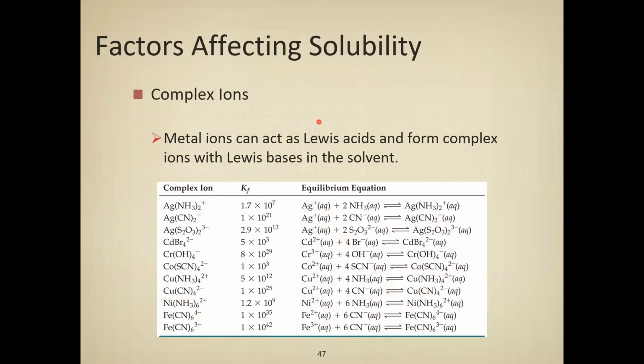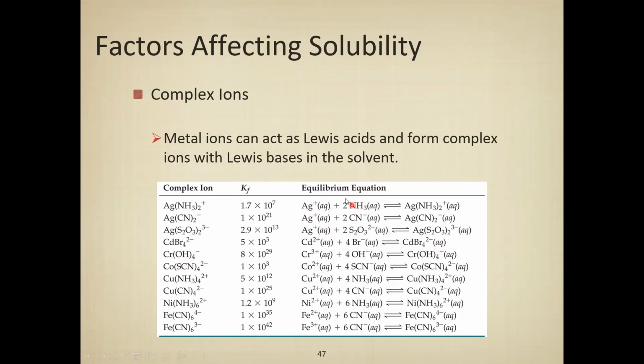And in some cases, what we'll see is a complex ion can actually form. So if we look at this table here, and remember a Lewis acid, Lewis base, a Lewis base is going to be an electron donor. A Lewis acid is going to be an electron acceptor. So in this case, these metal ions are going to act as electron acceptors. So if we think about just the first one here, ammonia, we're going to have a lone pair on that nitrogen.